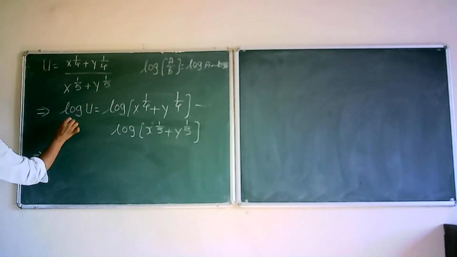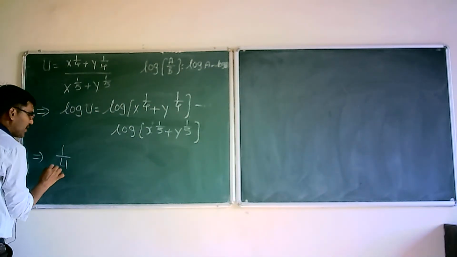what is the derivative of log u? It is 1 by u, and u is the function of x and y.